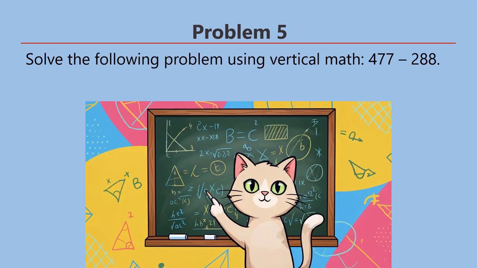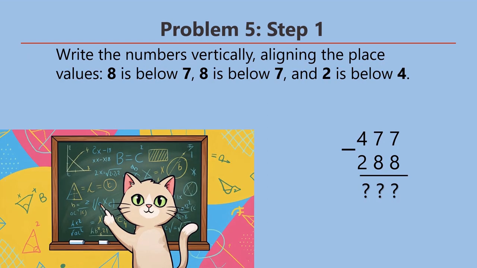Problem 5. Solve the following problem using vertical math: 477 minus 288. Step 1. Write the numbers vertically, aligning the place values. 8 is below 7, 8 is below 7, and 2 is below 4.